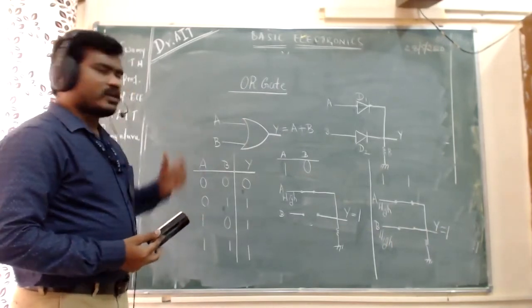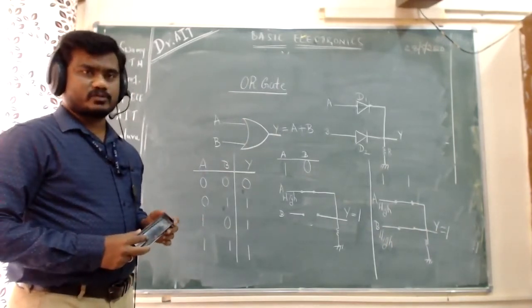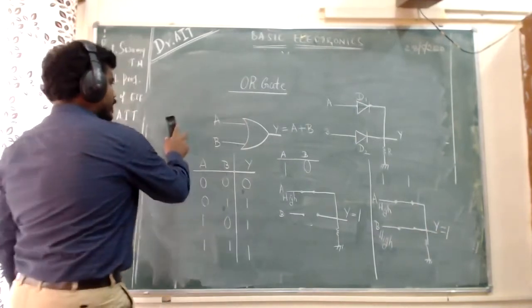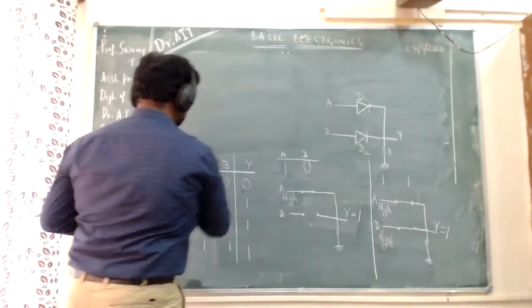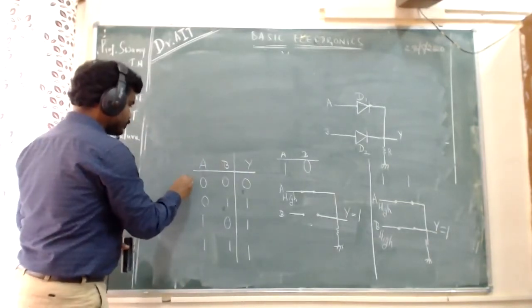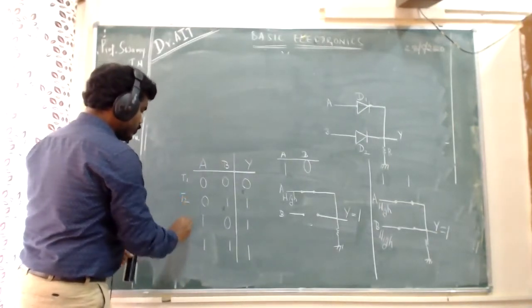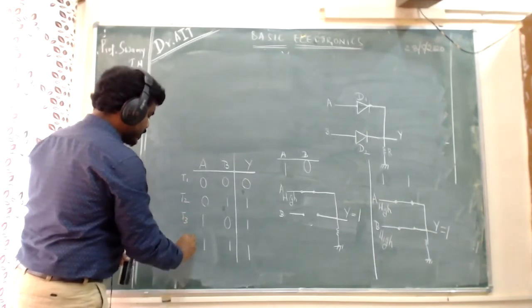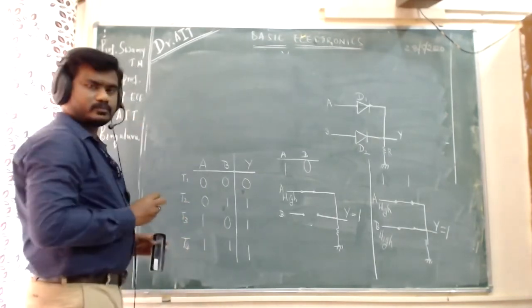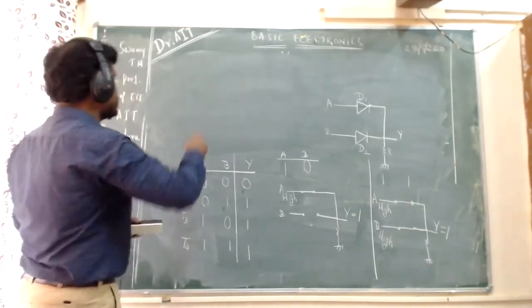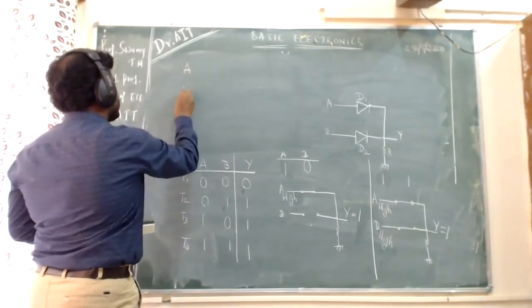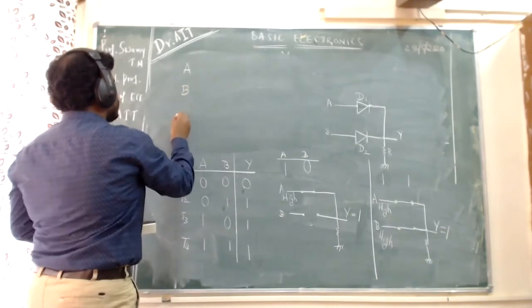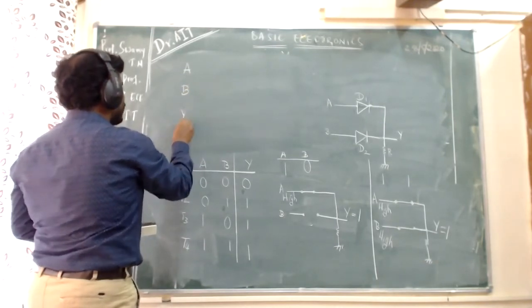Then we need to understand the timing diagram also. Now I will erase this. Let me assume that this is time 1, this is time 2, this is time 3, and this is time 4. In this case, I will take 3 reference lines, 2 for inputs and 1 for output.